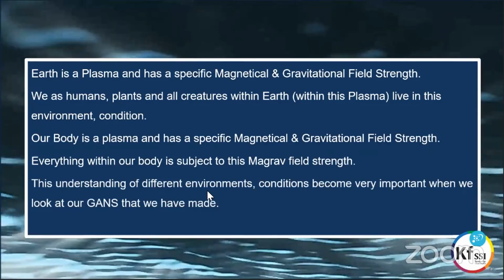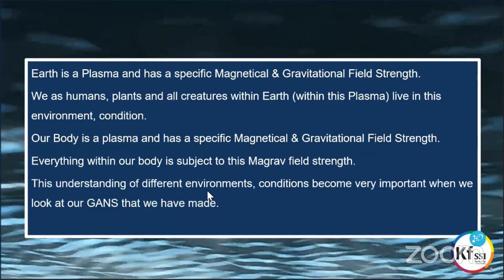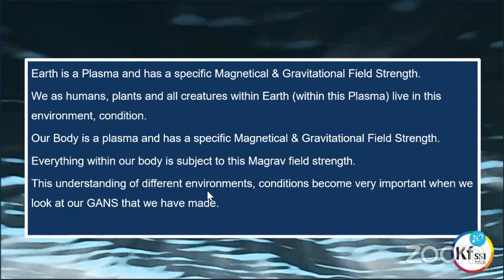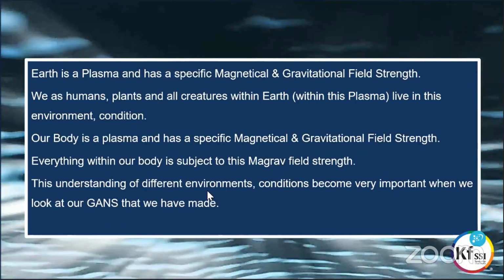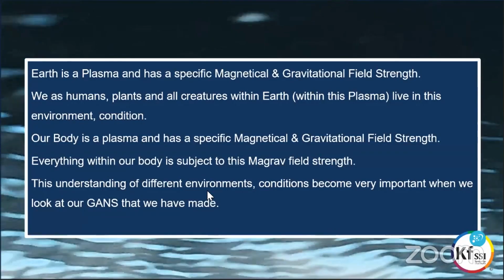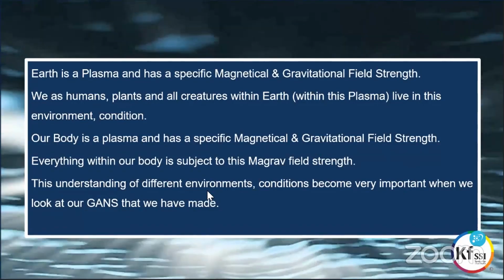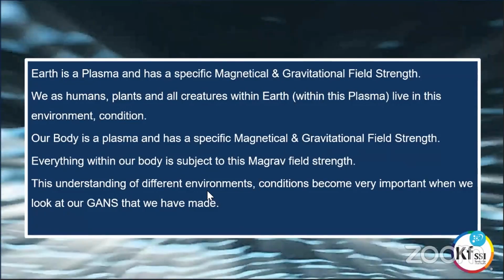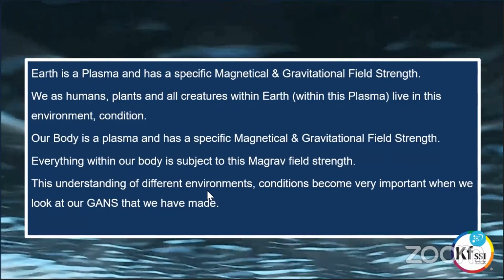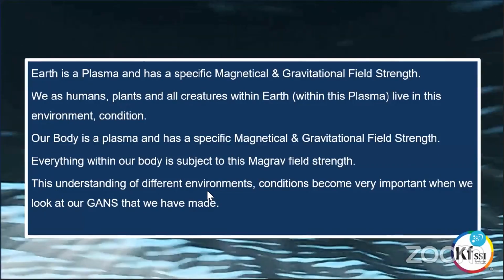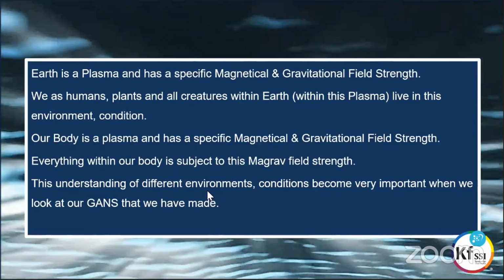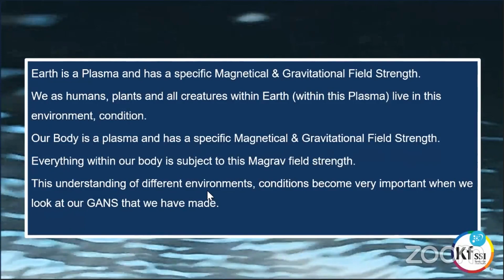Right. We know, and we've learned from last year, that Earth is a plasma and has a specific magnetic or gravitational field strength. We as humans, and the plants and all creatures on Earth, are living within this plasma, in this environment and condition that is created on Earth.